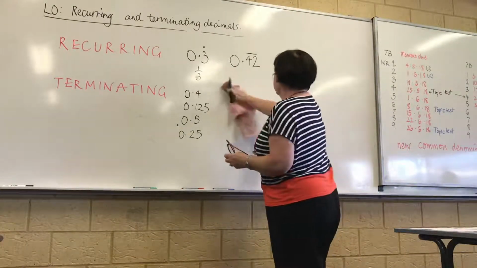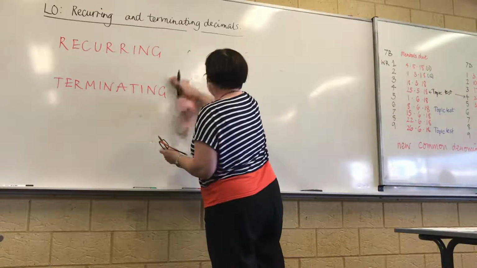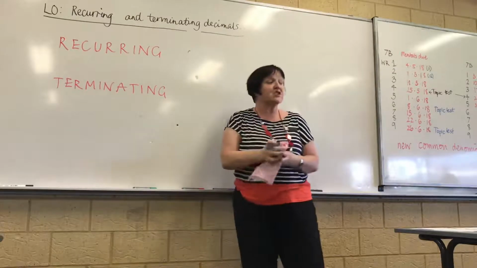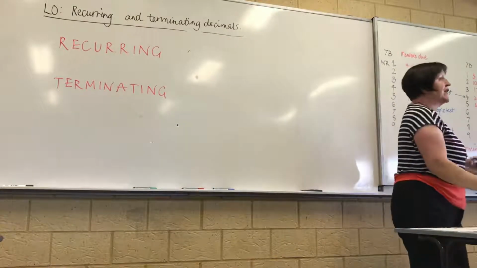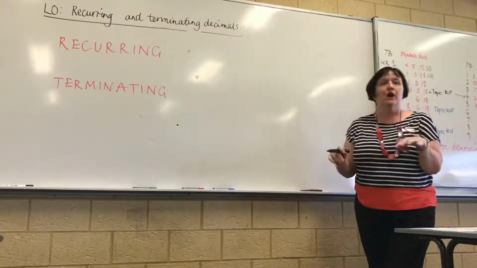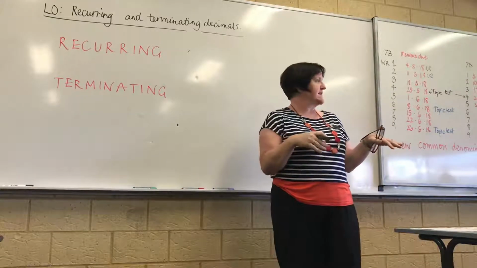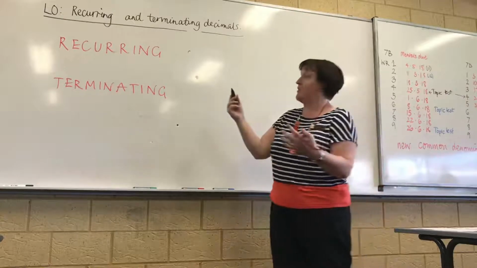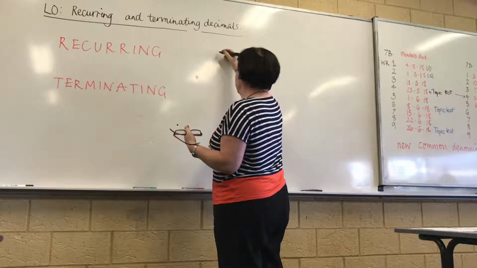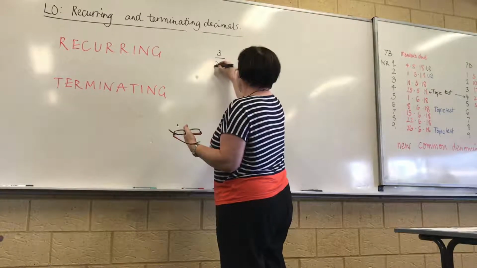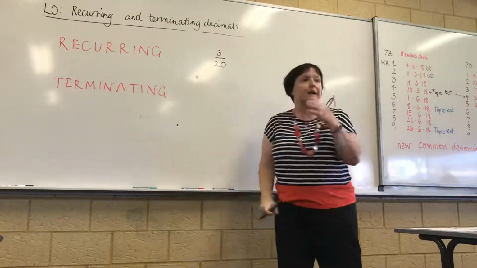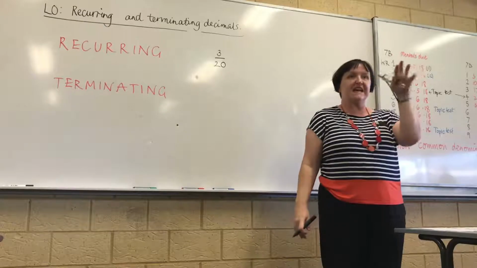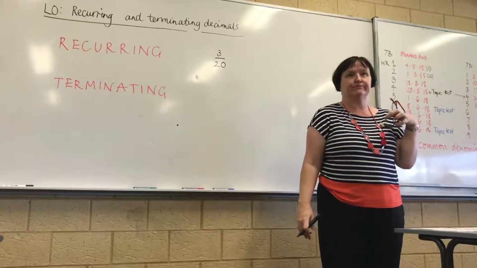Now, there is a way of telling whether or not a fraction is going to convert into a recurring or a terminating decimal, and I'm going to teach you how to do that. So, let's have a look at the fraction 3/20. That means 3 divided by 20.